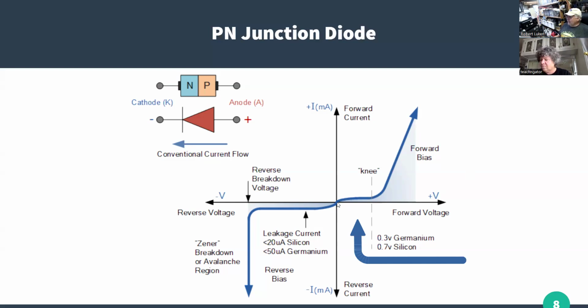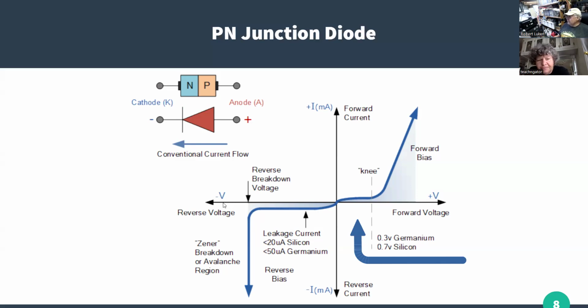If we apply a reverse voltage, it won't conduct. Again, you'll have a very small amount of leakage in the microamp range until we get to this point we call the Zener breakdown or avalanche region. And if you get a high enough reverse voltage, it will start to conduct. It turns out we use that to make Zener diodes.